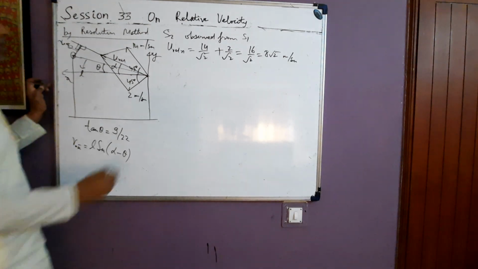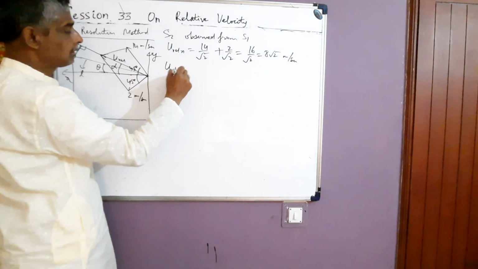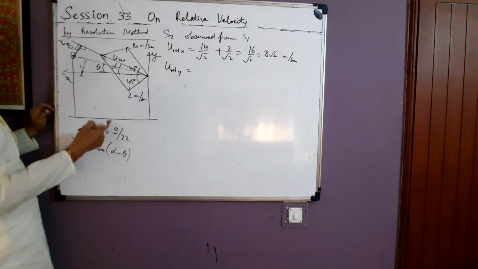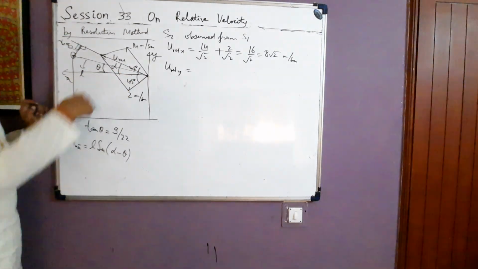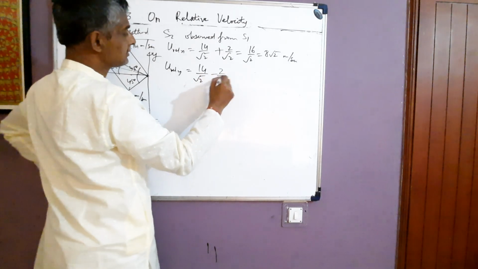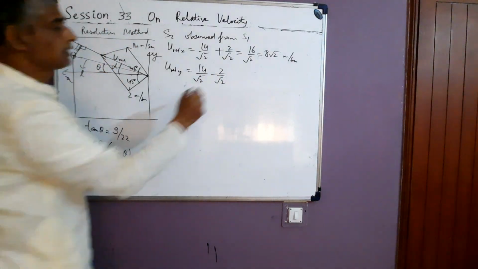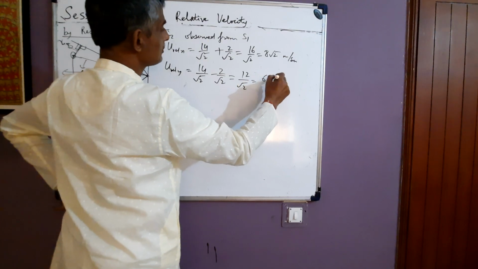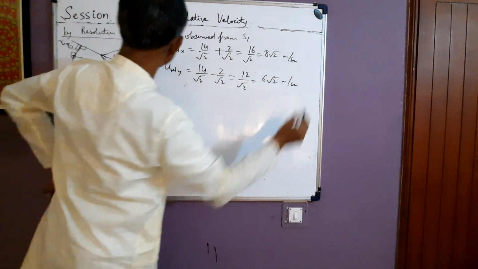What about U relative y? The upward direction is the y-axis. That is equal to 14 sin 45 degree minus 2 sin 45 degree, because they are in opposite directions. So 14 by root 2 minus 2 by root 2. That is just equal to 12 by root 2. That is 6 root 2 meter per second.